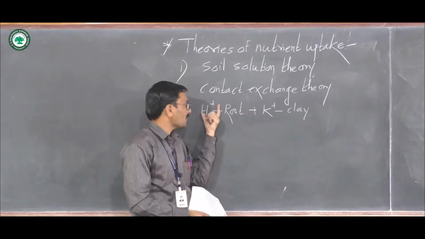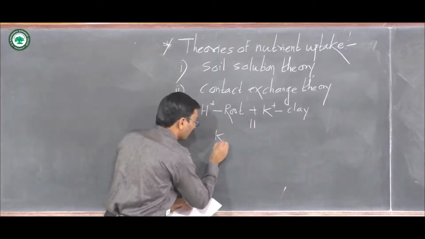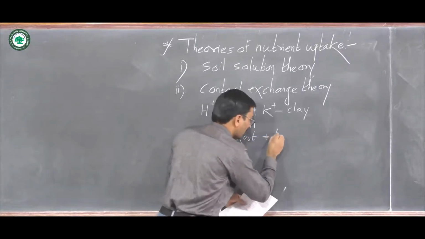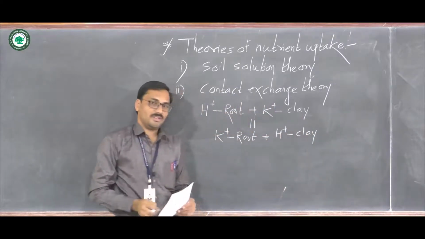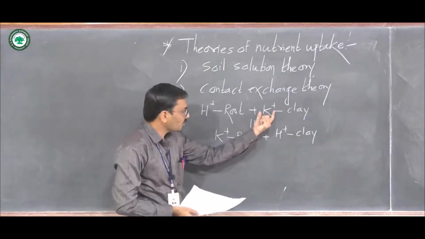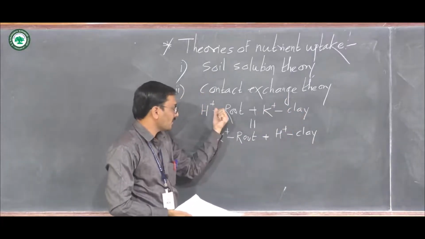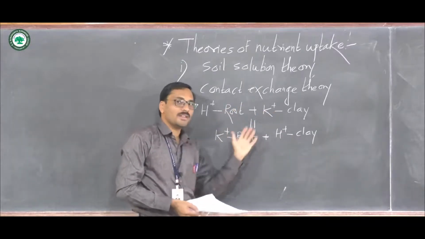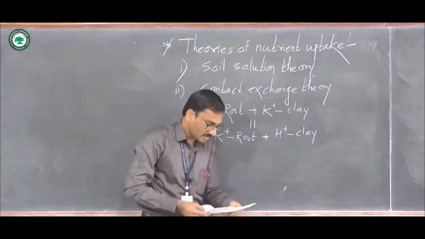This H+ and this K+ get exchanged, and there is formation of potassium root plus H+ clay. This simple reaction confirms that the potassium present on the clay particle exchanges with H+, and that K+ is then adsorbed on the root. Ultimately it can be absorbed by the plant. So this is simple contact exchange theory.